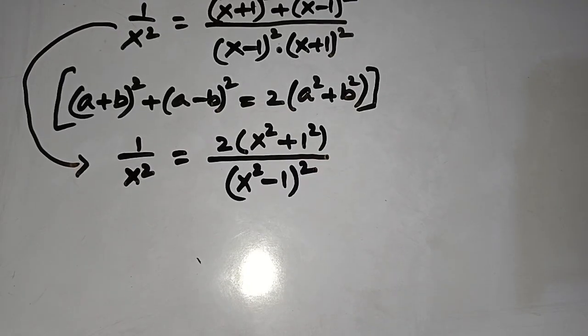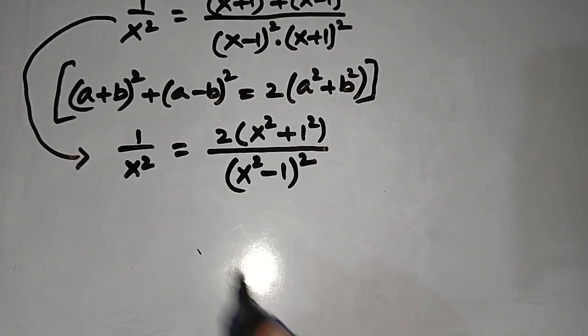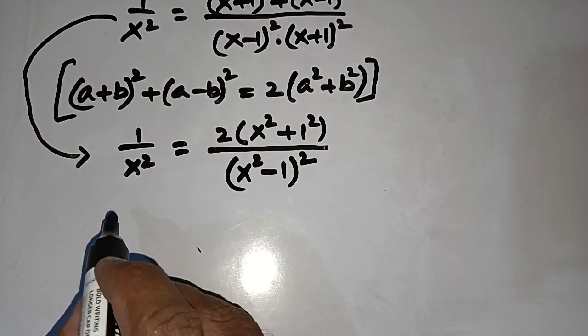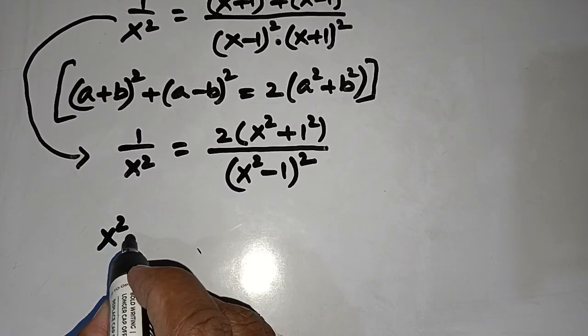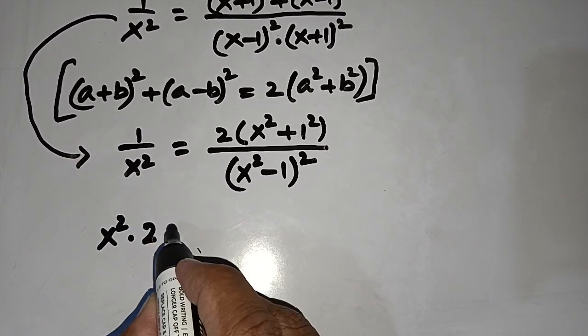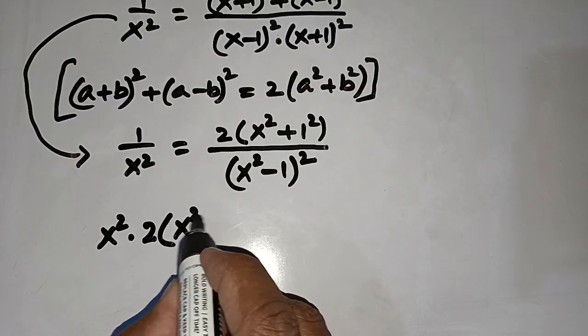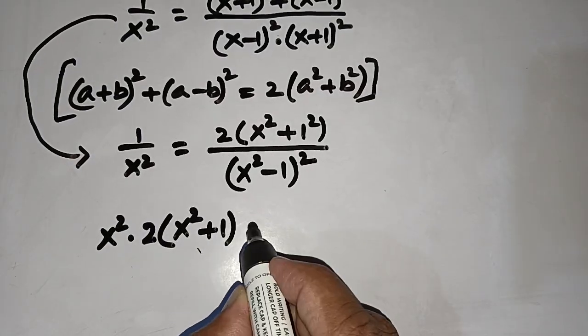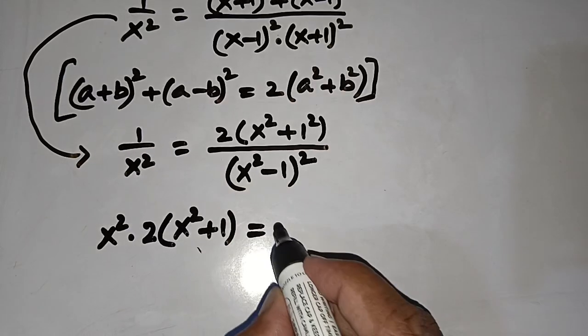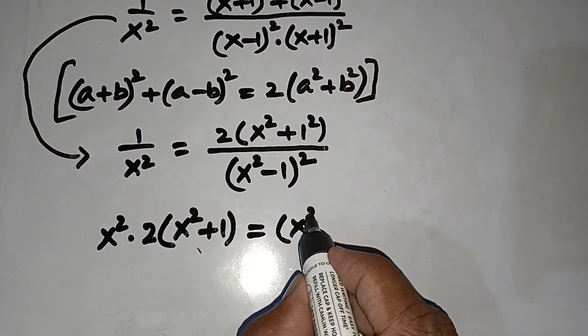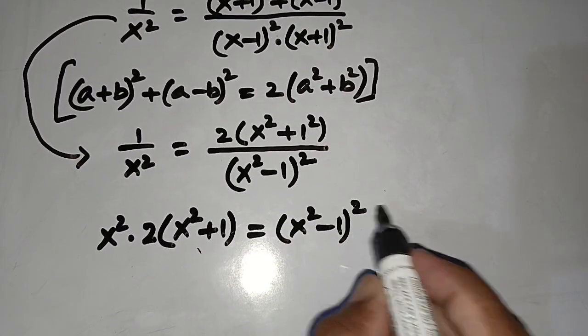So now on cross multiplication, x square times 2 times (x square plus 1 square) is equal to 1 times (x square minus 1) whole square.